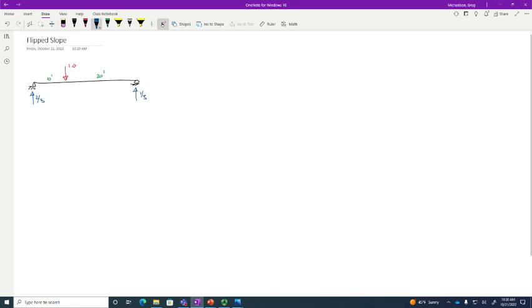Something like that, right? And so we said, here's your shear diagram.